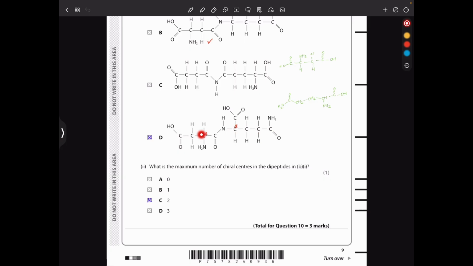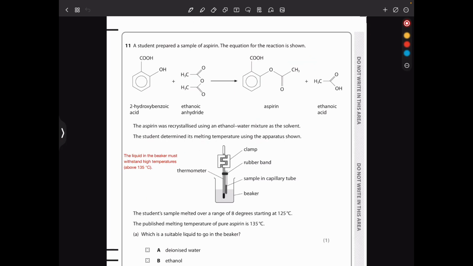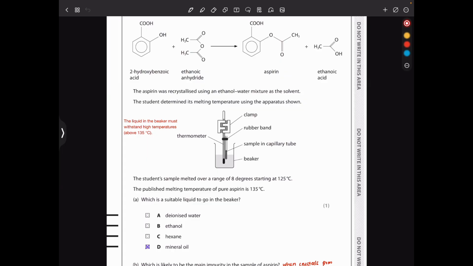In question 11, a student prepared a sample of aspirin. The equation for the reaction is shown here. They said the aspirin was recrystallized using an ethanol water mixture as the solvent. The student determined its melting temperature using the apparatus shown. We can see the setup.